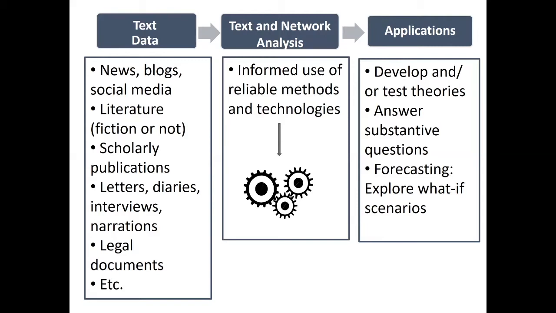And then you can use the resulting information for different sorts of applications. For example, you might want to develop or test theories, or you might want to answer substantive questions about a body of text documents or about a social system.